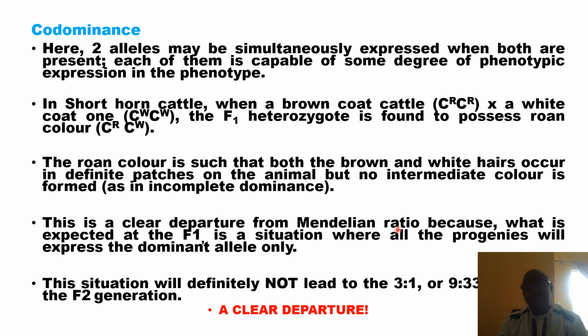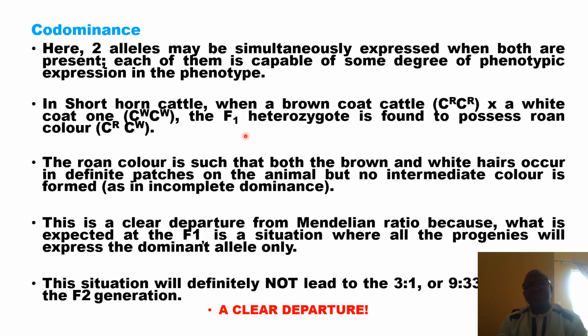So this is a clear departure from the Mendelian ratio, because what is expected in the F1 generation is a situation where the dominant allele dominates the expression of the recessive allele, and as a result, all the F1 progenies will carry the phenotype of the dominant gene.